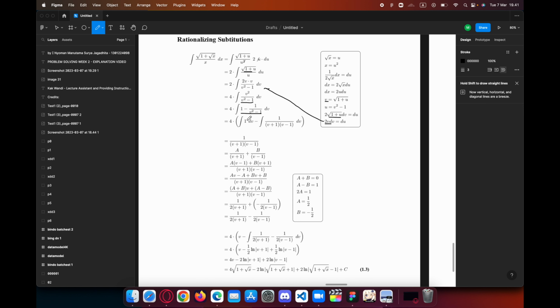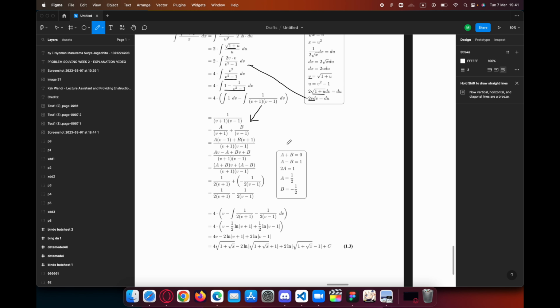After that we can give each one its integral. It becomes the integral of 1 dv minus, because of the minus, the integral of 1 over phi squared minus 1, which we can expand to phi plus 1 times phi minus 1, so we can do the partial fractions.